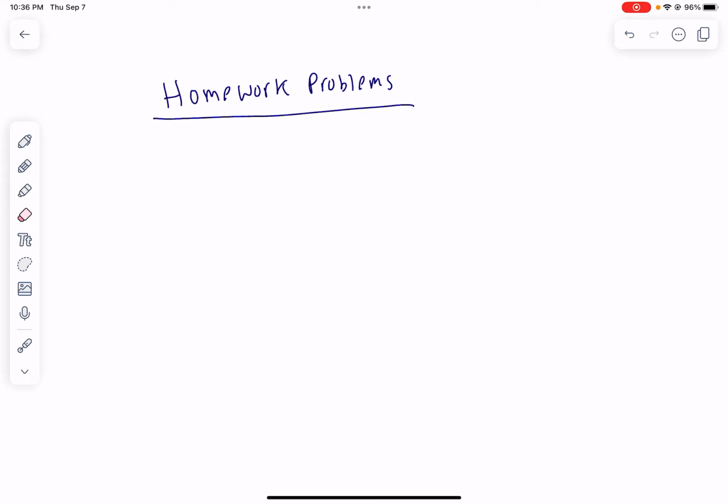So for, once again, the finding limits homework, remember we're doing the odd problems.